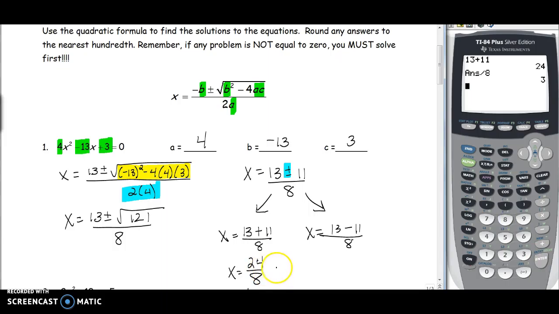So one of our answers is 3. And then you would do 13 minus 11, which gives you 2, and then we would have 1/4, or if you wanted to do this, 0.25. So those are your two answers.